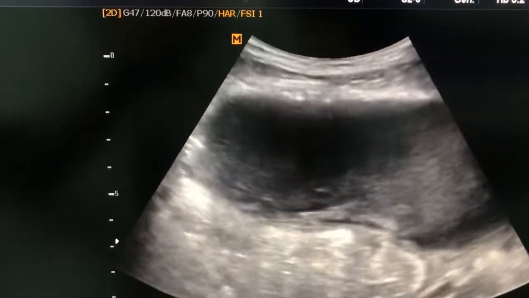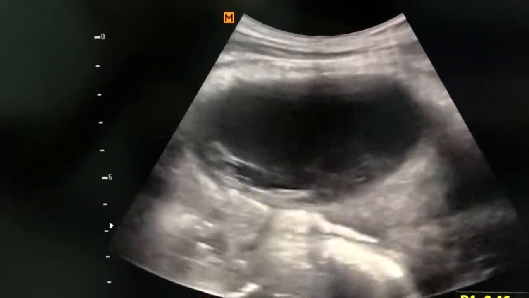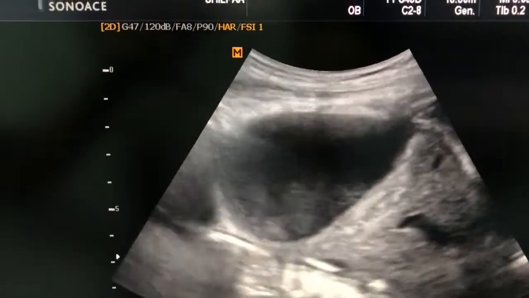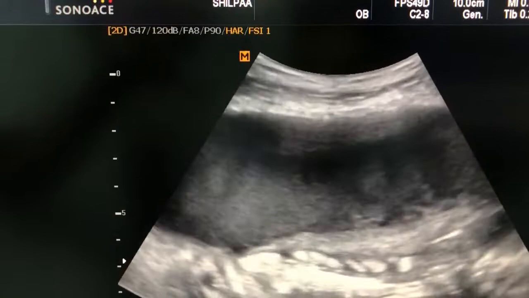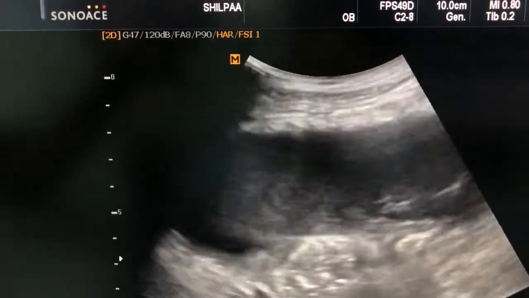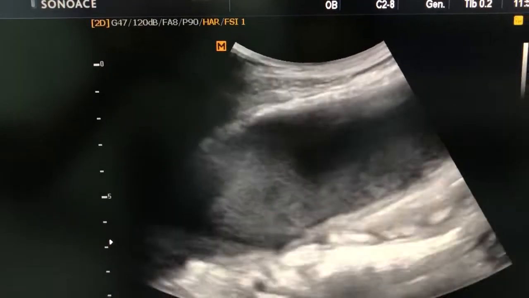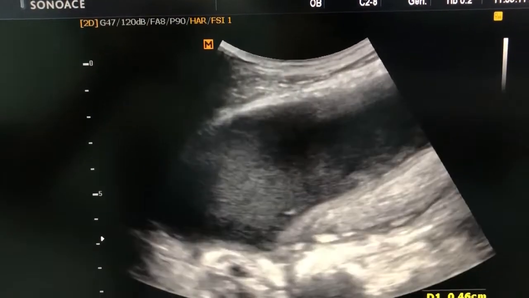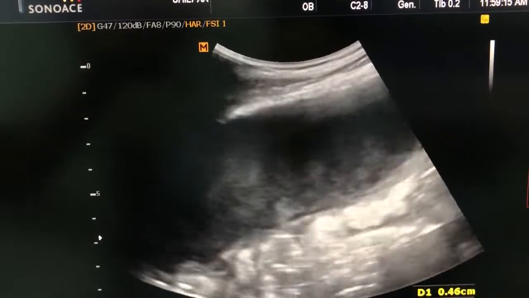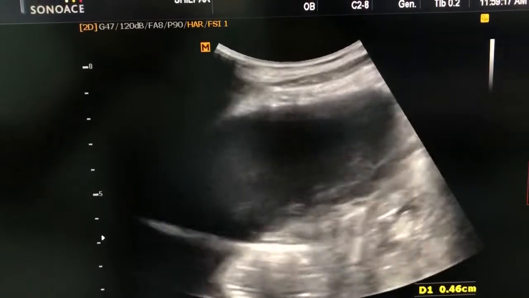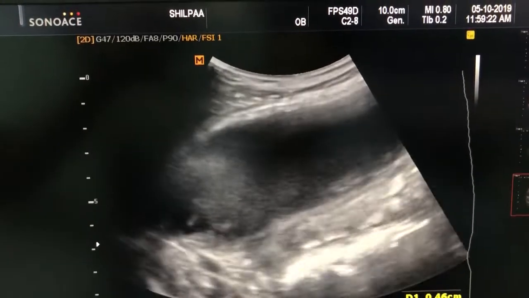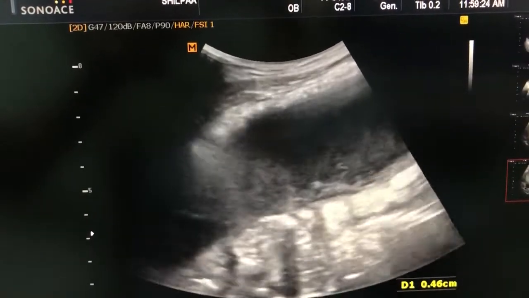So this is a thickened wall secondary to edema due to torsion. And you can also take the follow-up when you find this kind of cyst having mixed echogenicity, and collect the data and improve your diagnosis.